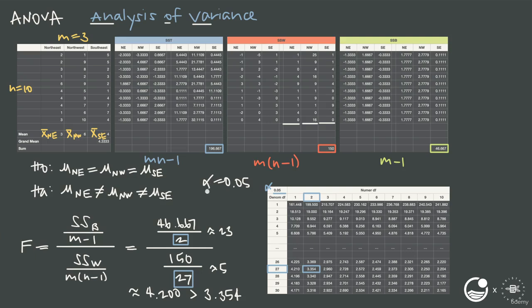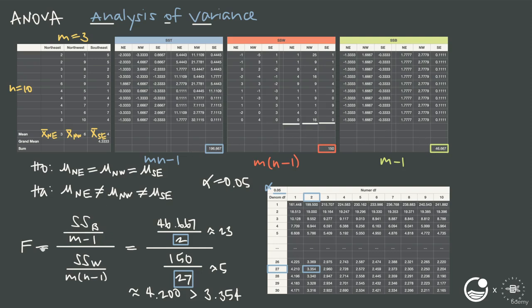Of course, typically these days, we're going to do this whole thing with software, which means we'll be able to feed in just our raw data, and the software will immediately be able to give us all of this information we spent time calculating. We'll be able to get the mean for each group, the grand mean, and instantly see total sum of squares, within, and sum of squares between.